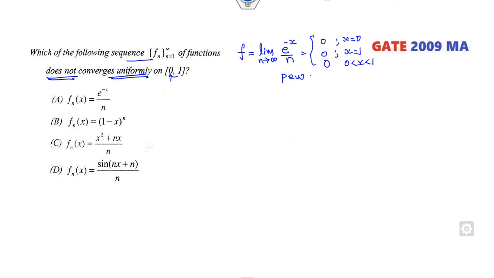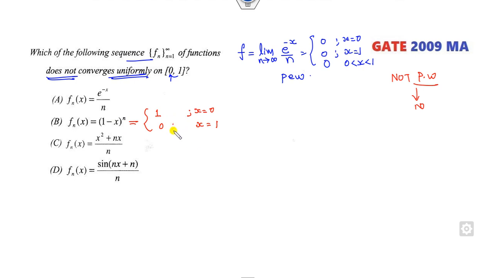So what we can do, we will try to find which is not piecewise continuous firstly. Those sequences which are not piecewise continuous imply not uniform convergent. Look about this one. If I take x as 0, the answer will be 1. If I take x as 1, the answer will be a 0.